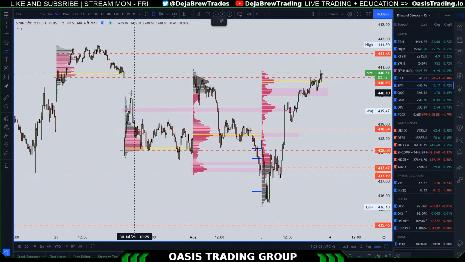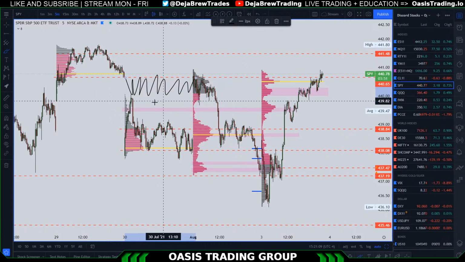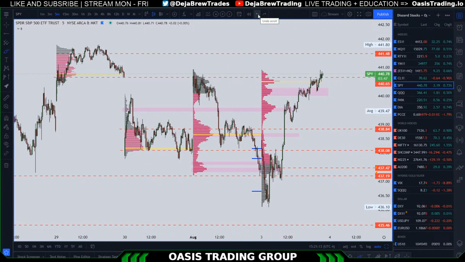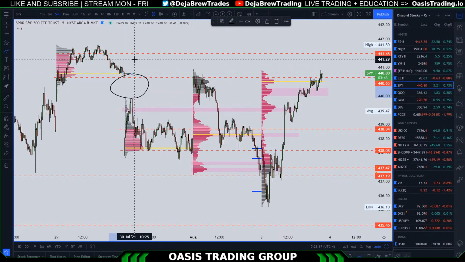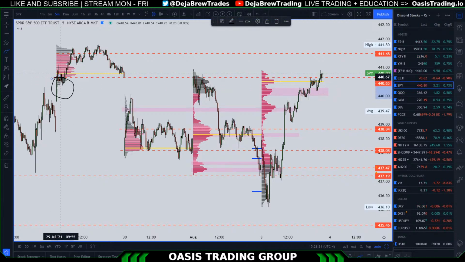Notice how we have an inefficiency gap right here, right? So there's no price action here. So if the profile wants to be balanced, you have to fill in this area, right? Because you have not been tested on the gap. And then we had no price action there on that day as well.